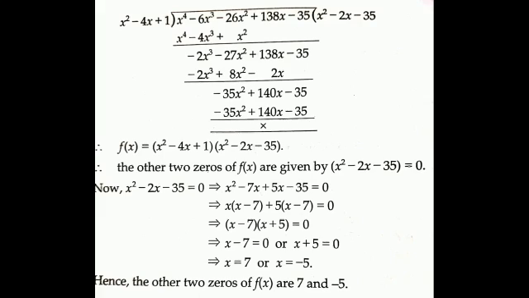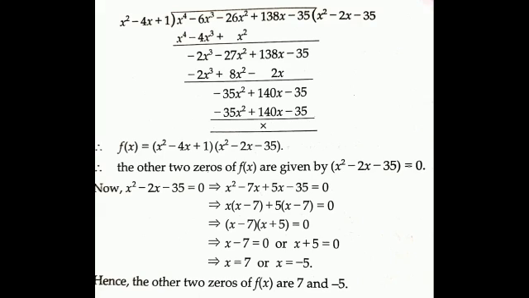So we can say the other two zeros of f(x) are 7 and minus 5. Let us consider if in the same question it is asked to find all the zeros of the polynomial f(x), then we must have written that all the zeros of the polynomial are 2 plus root 3, 2 minus root 3, 7 and minus 5.